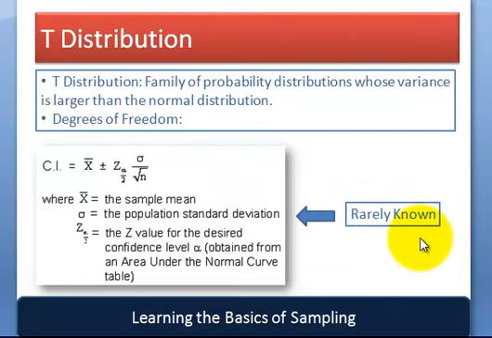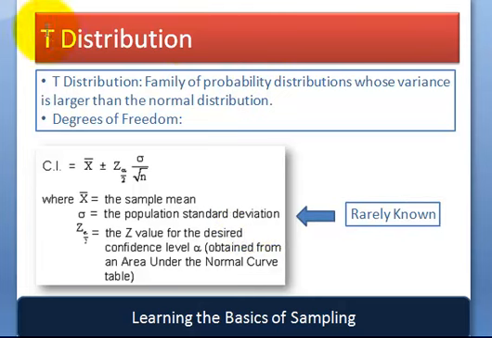Now, we have one minor problem in all of this. Everything we've been talking about so far is where we know what the population standard deviation is. We almost never know what the standard deviation of our population is, because if we knew, we probably wouldn't be doing the studies.